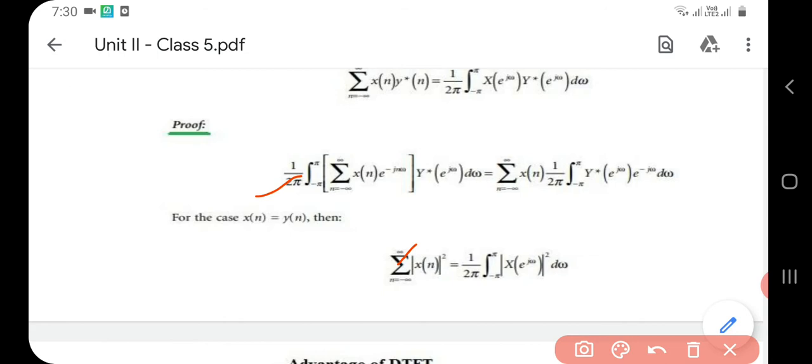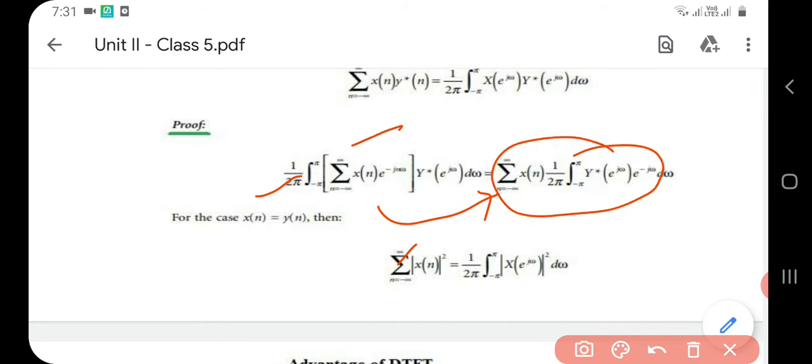That is again equal to, here what we do is we take this x of n outside, so that becomes summation n from minus infinity to plus infinity x of n times 1 by 2 pi integral of Y of e raised to j omega into e raised to minus j omega n d omega. From this equation we have taken x of n outside as well as e raised to minus j omega n outside, then you will get this.